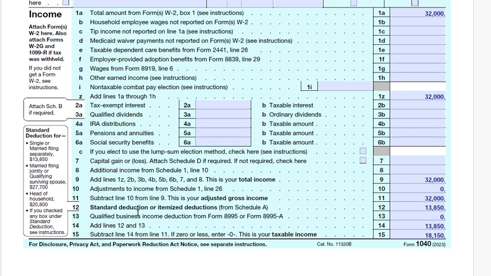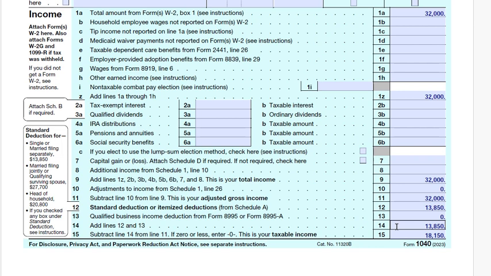Line 12 is the standard deduction. The standard deduction for single filers is $13,850 for year 2023. So we have $13,850. Line 13, no Form 8995, so it'll be 0.